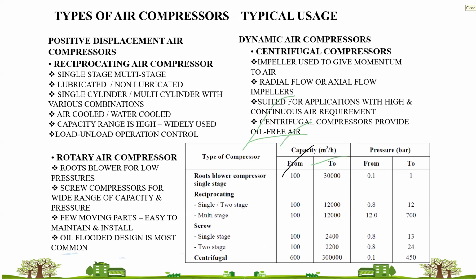In an air compressor, the pressure ratio is the main criterion. If the working pressure of the air compressor is 4 bar, then with ambient air pressure as 1 and 4 as the delivery pressure, you will have a pressure ratio of 4. If you have 7, it will be a pressure ratio of 7.